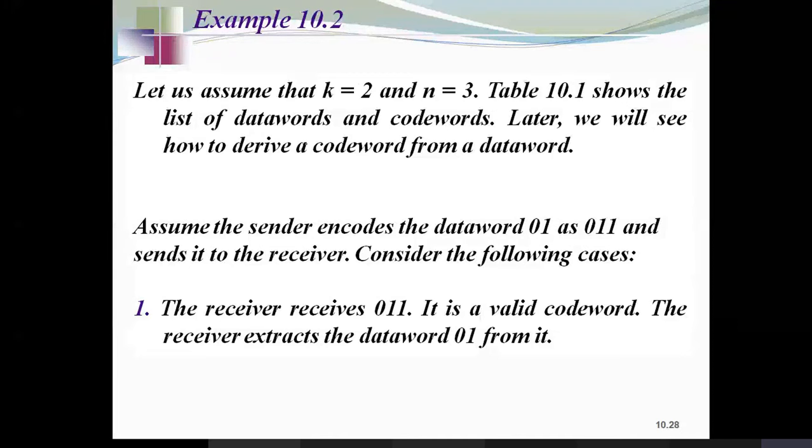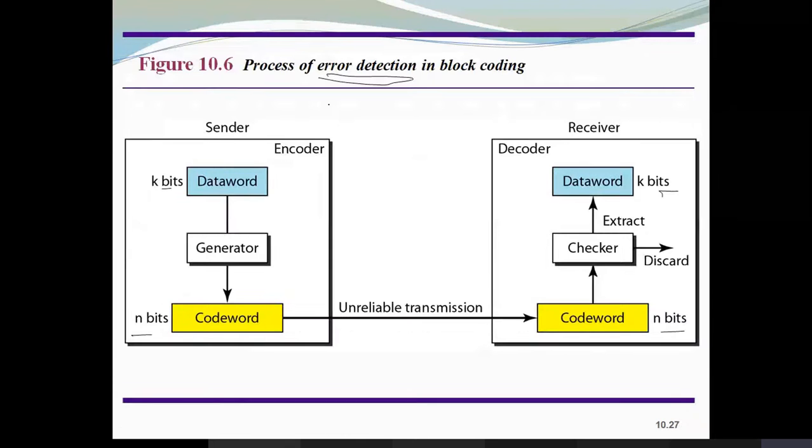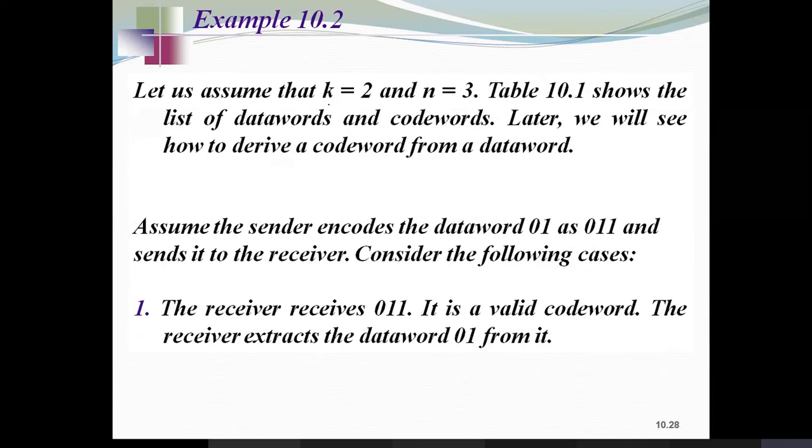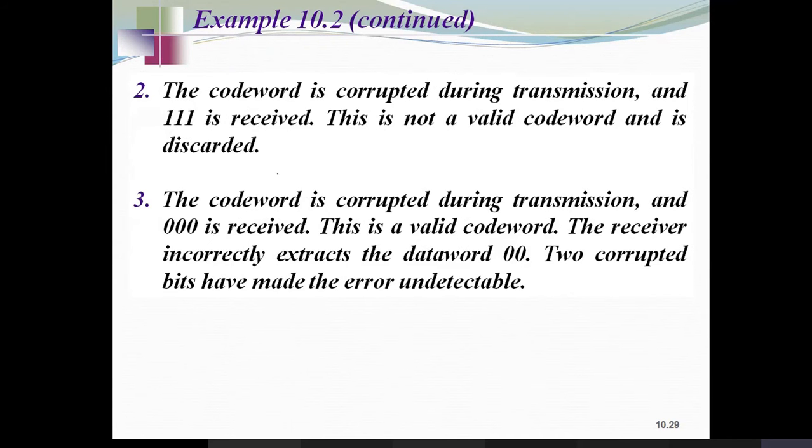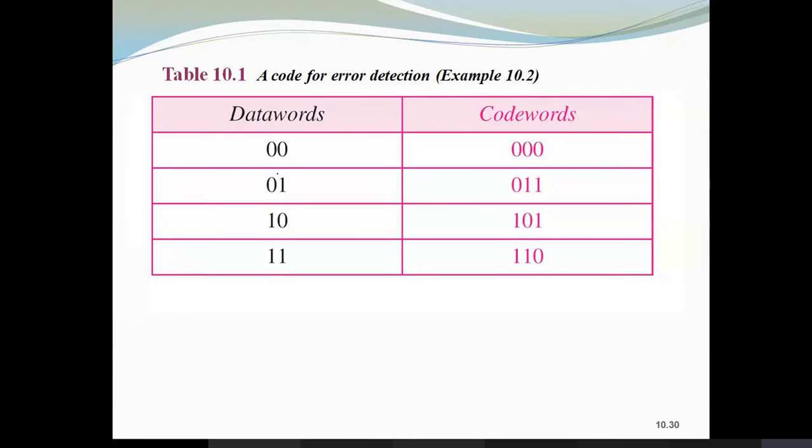Here we'll solve one or two problems with respect to block encoding. Assume k is equal to 2 and n is equal to 3. I have a table here; you can observe what the table tells.